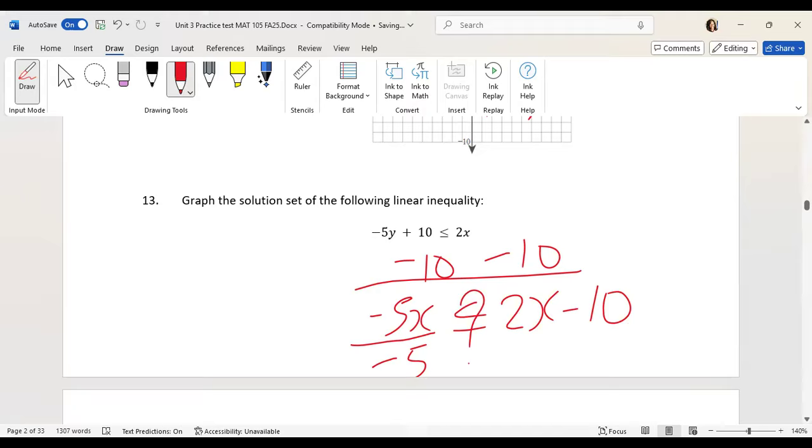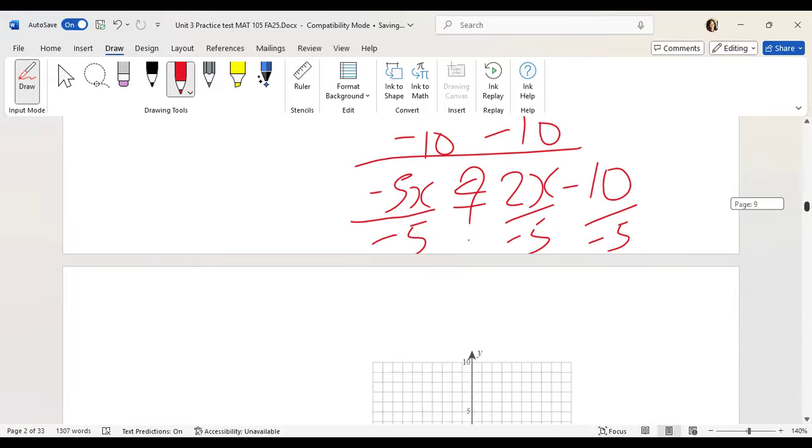I hope this is clear. So we're dividing all through by negative 5. The inequality will flip to greater than or equal to because I divided by a negative sign. The same thing if I multiply by a negative sign. So division by a negative sign flips the inequality, and multiplication by a negative sign flips the inequality.